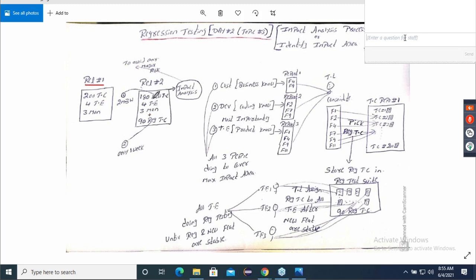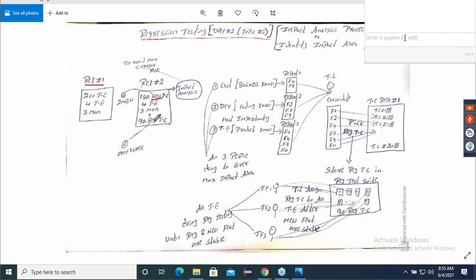Just assume 180 new test cases were written, and the test engineers and the duration were the same. And 90 regression test cases we have picked. From where? From the release 1 repository.